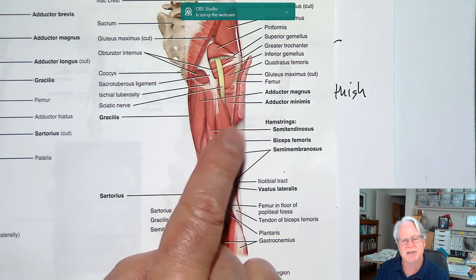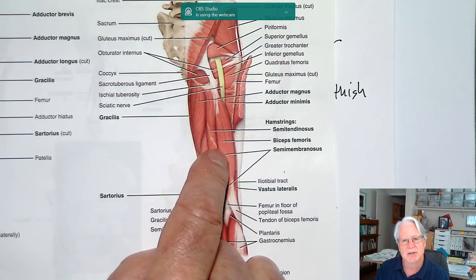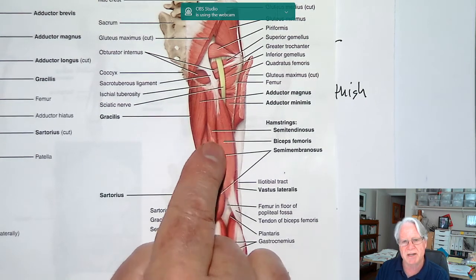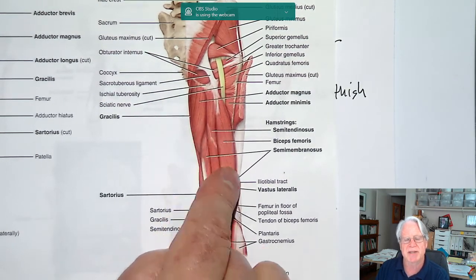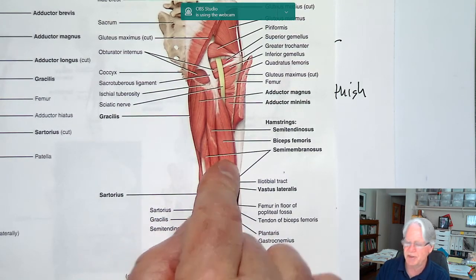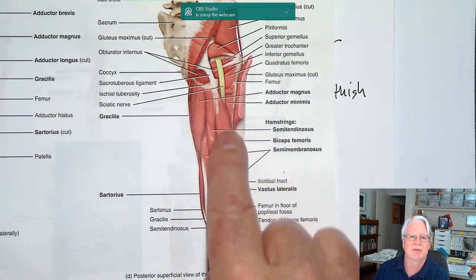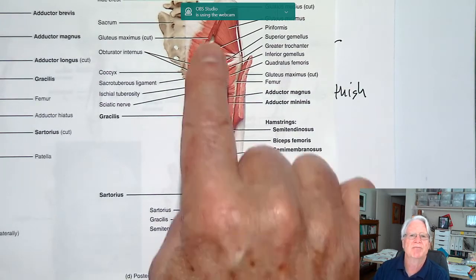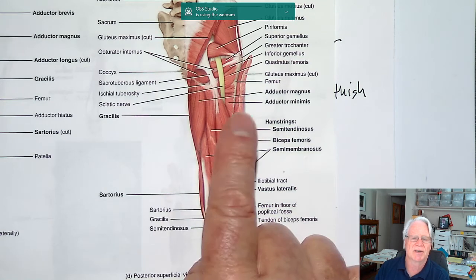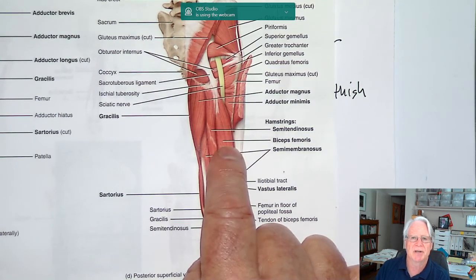The short head is underneath. If you're actually looking at the muscle, it's difficult to see the short head because it's sitting right on top of its own insertion on the femur. So as it passes across the posterior aspect of the femur, it is also connected there.